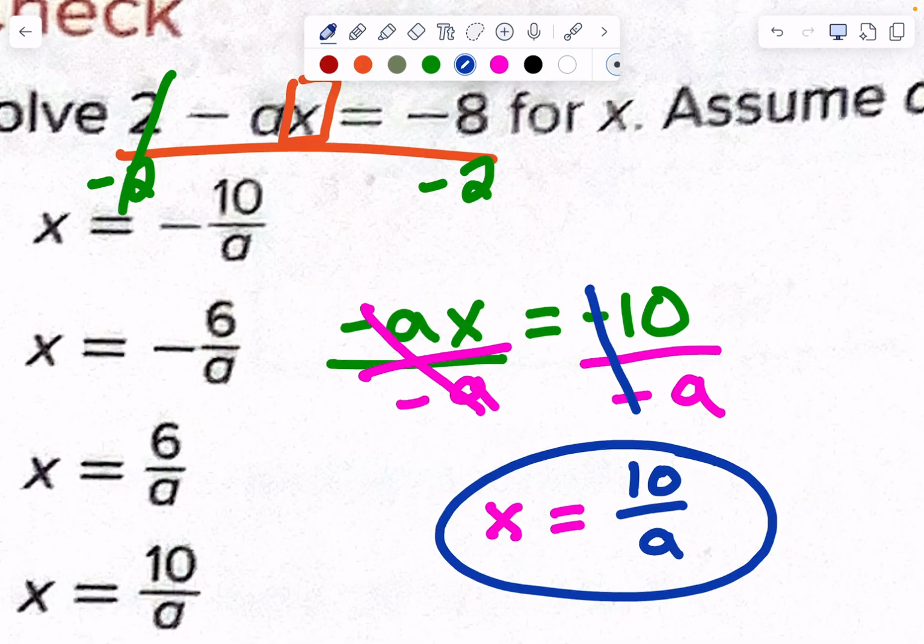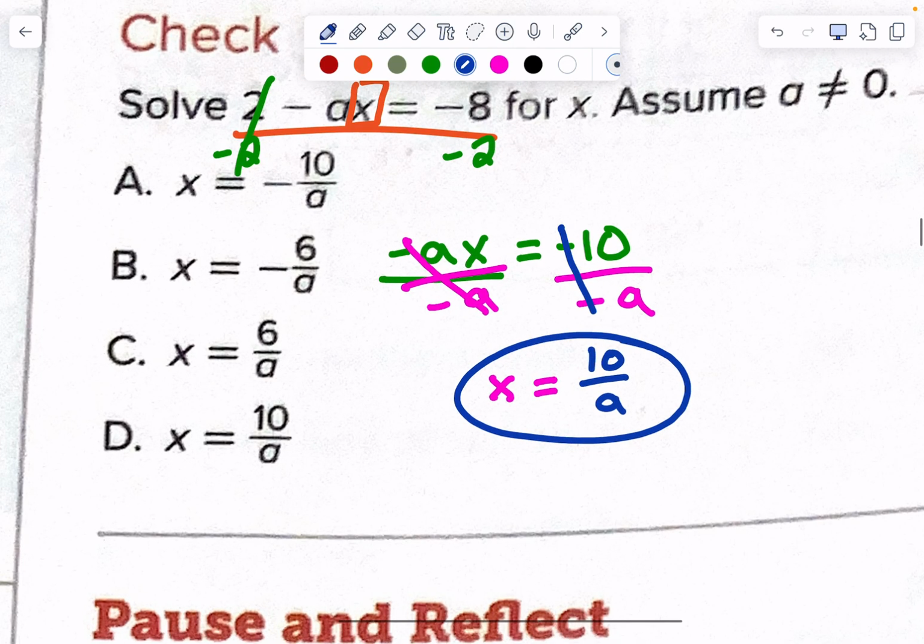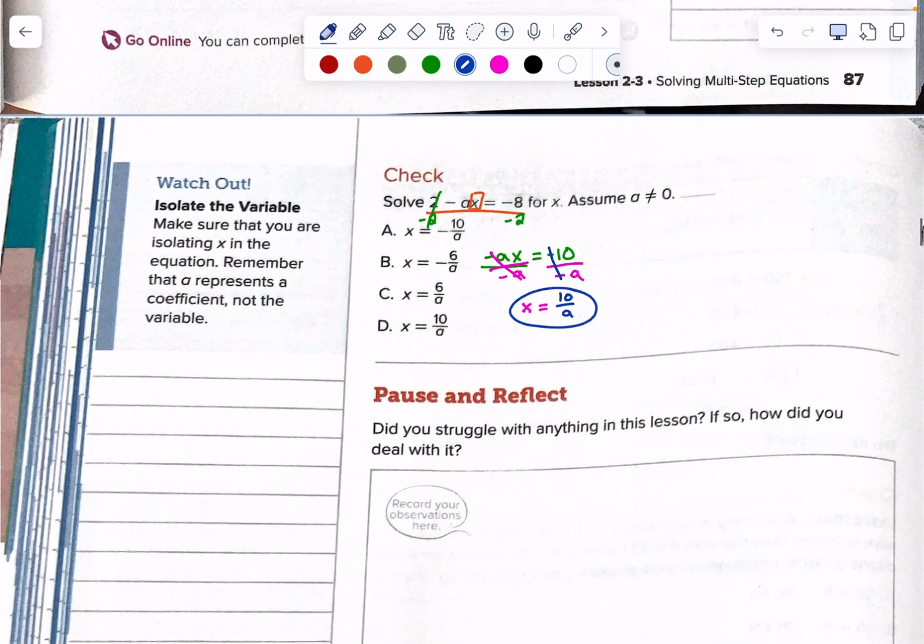Negative 10 divided by negative a is an answer, but the negatives will cancel, so go ahead and write it as a positive. So it would just be 10 over a. The negatives end up canceling. Yes, 2 negatives make a positive. Good? Anything else?